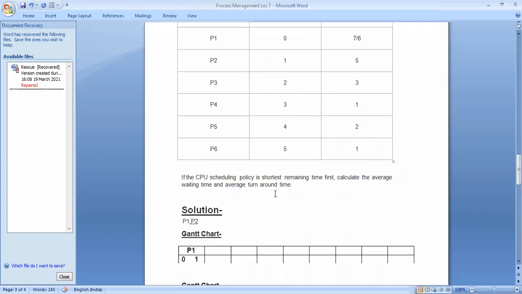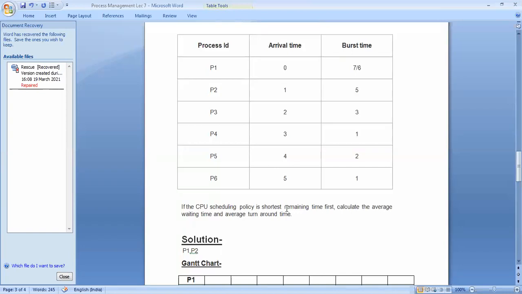So after 1 millisecond, two processes are there, P1 and P2. Now we'll compare burst time. Because two processes are there, which process will execute? Now you will check burst time.